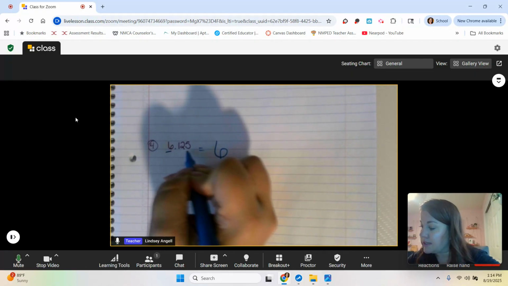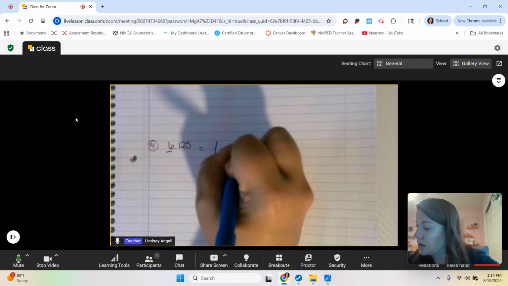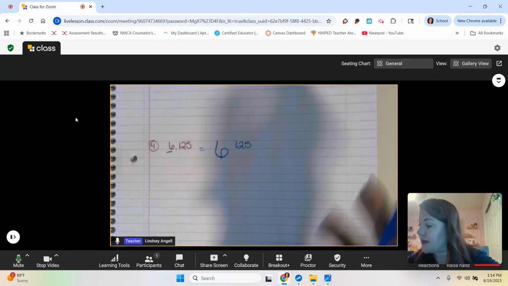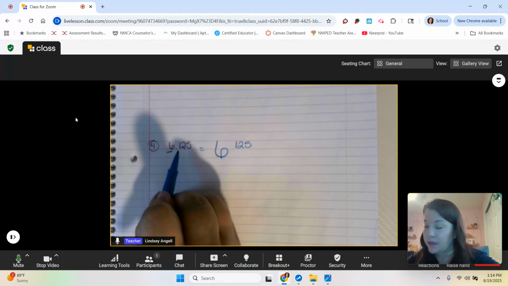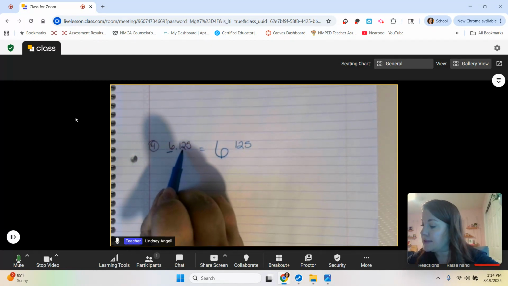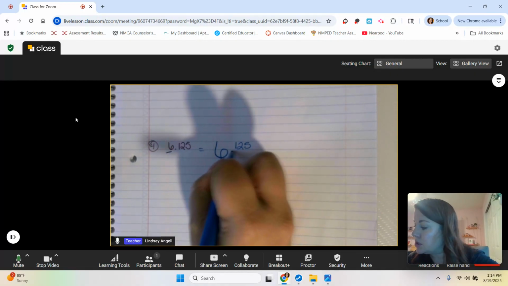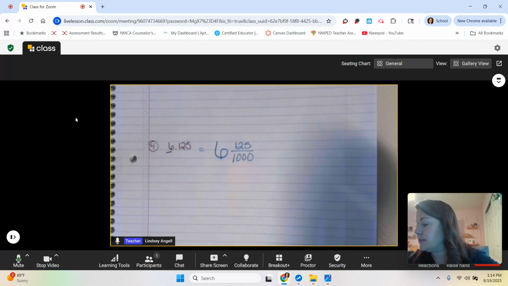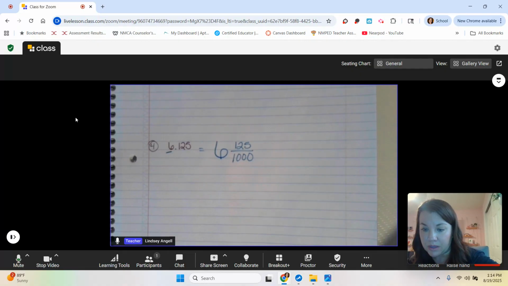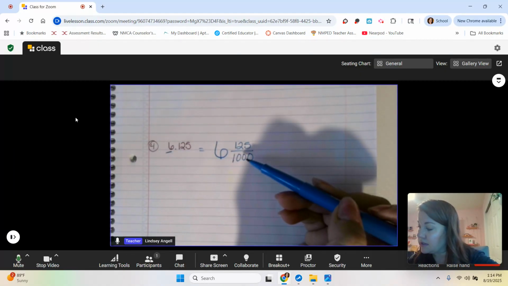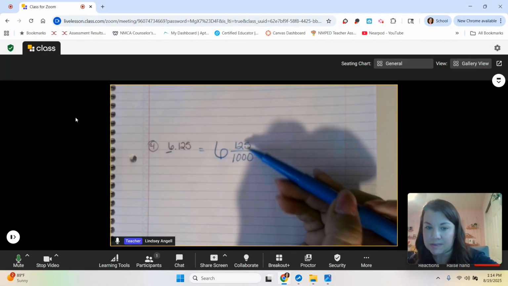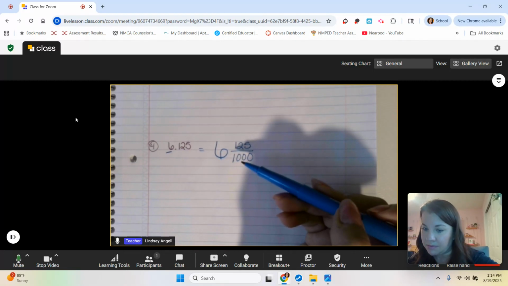Then remember, this is what gets put into your numerator, so 125. Now I need to figure out the place value. It goes from tenths, hundredths, all the way to thousandths. Another hint is that if this number ends up being smaller than your numerator, probably something went wrong.